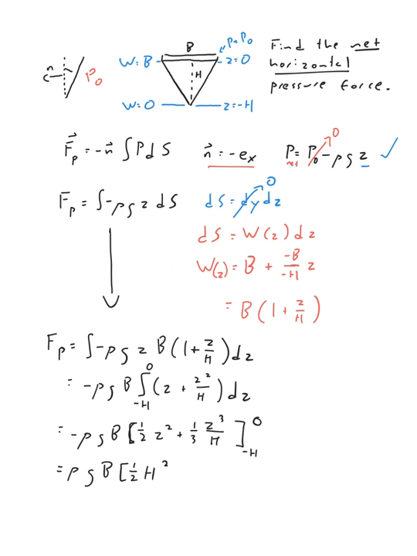Negative h cubed is negative h cubed, so minus 1/3 h squared. Turned into a squared because it's h cubed and I divided it by an h. Okay, that's our expression, which we're going to simplify into rho gb times 1/6 h squared, which becomes 1/6 rho gb h squared.